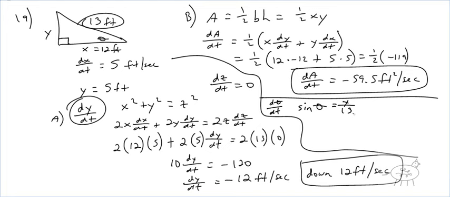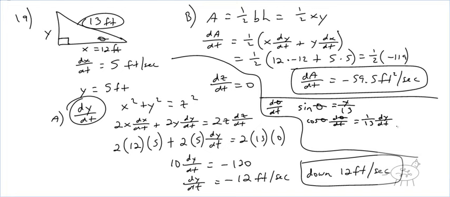Okay, and then I take the derivative of that. The derivative of sine is, of course, cosine of theta, times d theta/dt. And then it's a lot easier to look at it as 1/13 y, which will just give you 1/13 dy/dt.